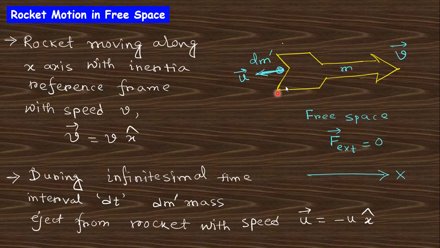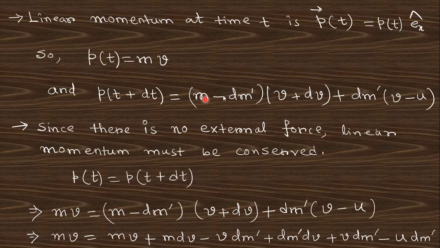Actually, the velocity u is with respect to the rocket, so the actual speed of the fuel with respect to the reference frame will be like that, along with the mass of the fuel. Since there is no external force, the linear momentum must be conserved. The initial momentum and the final momentum are equal. If you don't know this, refer to the previous lecture. So these two momenta will be conserved.